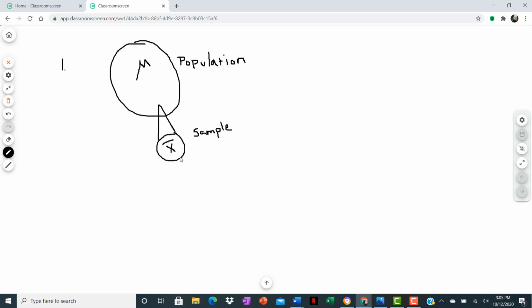The only other thing that we need to know for number 1 is that this process of sampling and then inferring information about some characteristic of the population based on the sample is a process called generalization.